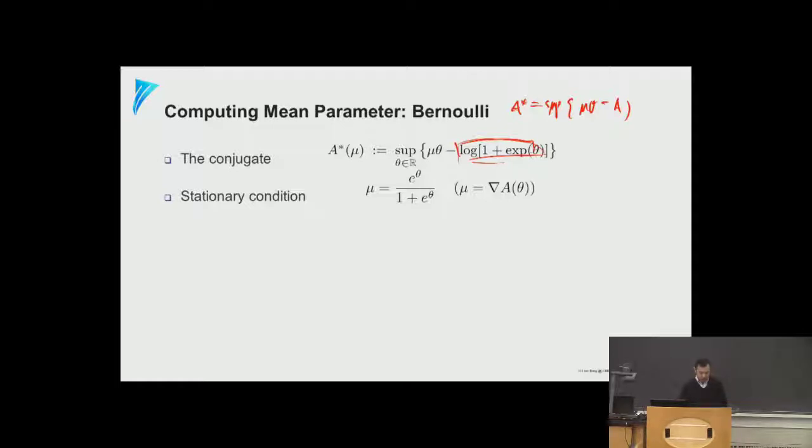And then we need to solve a stationary condition. You basically take a derivative of this over theta, set it to 0, and you get what is known as the stationary condition. That gives you this expression. Basically, it also corresponds to mu equals the gradient of A over theta.